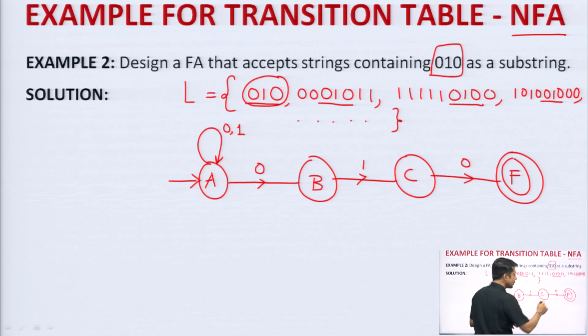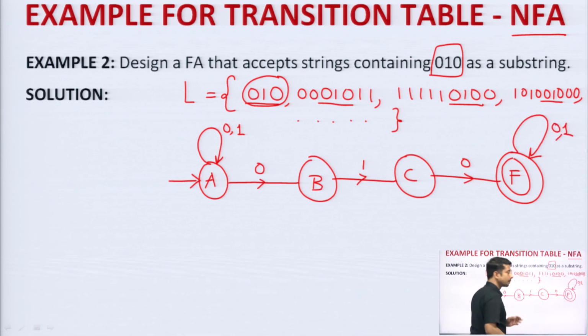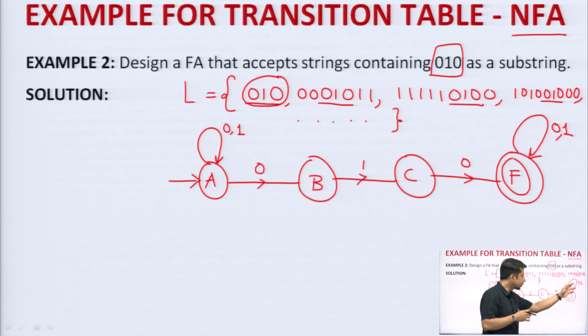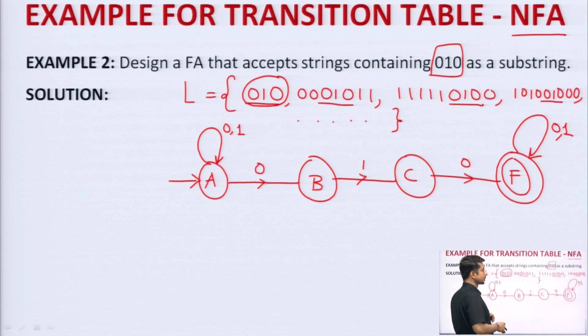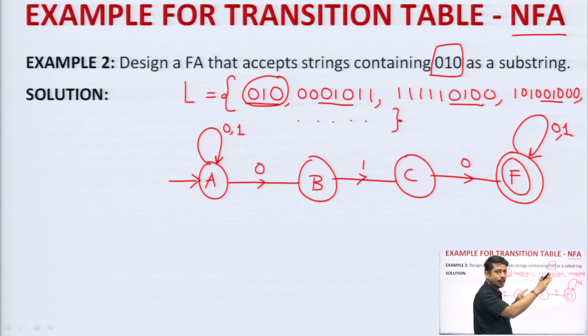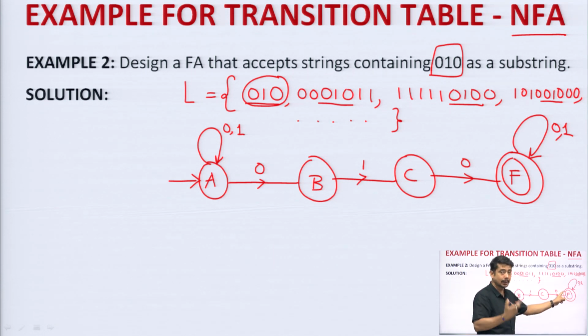Next, can I take a self loop over here to have any number of combinations of 0 and 1? Yes, I can take it, so that I can have the maximum possible combinations. If we analyze properly, starting with any combination of 0 and 1, followed by 0 1 0, it needs to reach the final state in order to accept the string.